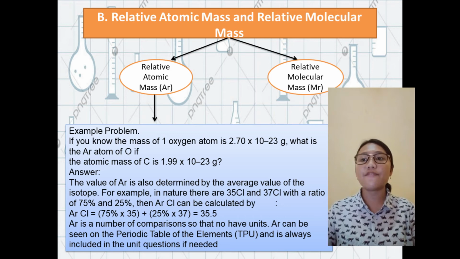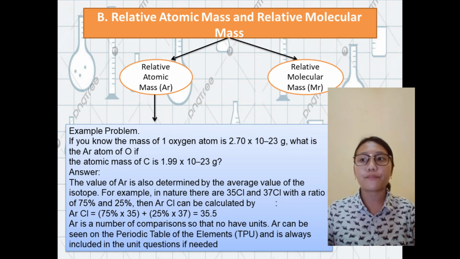Experts compare the different atomic masses using the relative atomic mass, with the symbol Ar. The experts decided to use C12 or isotope 12C because it has an inert stability compared to other atoms.